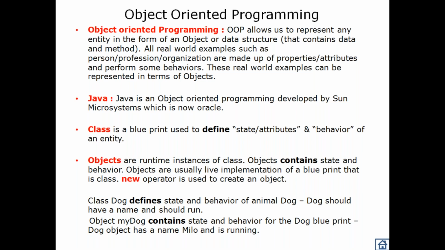Now, Java is an object-oriented programming language. It is just one of the object-oriented programming languages. There are several other languages that adopt this style of programming. This is just an approach you take to solve a problem, the object-oriented approach. Java belongs to this category as well.